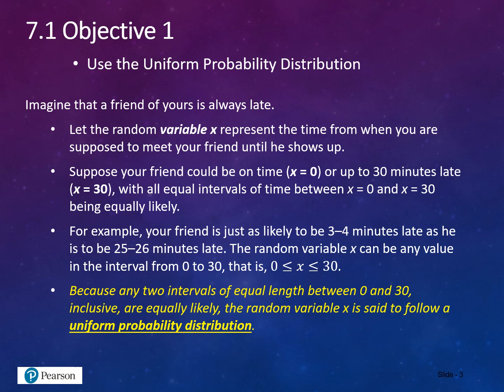Because any two intervals of equal length between 0 and 30 inclusive are equally likely, the random variable x is said to follow a uniform probability distribution. So again, if the intervals of equal length are equally likely, the random variable follows a uniform probability distribution.